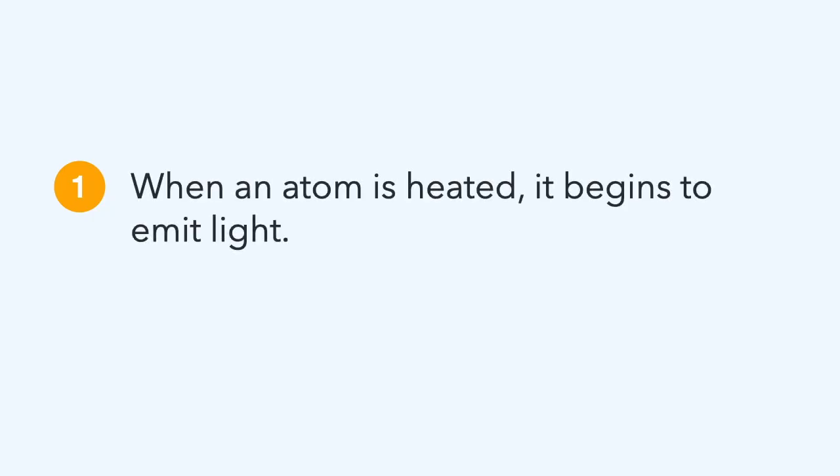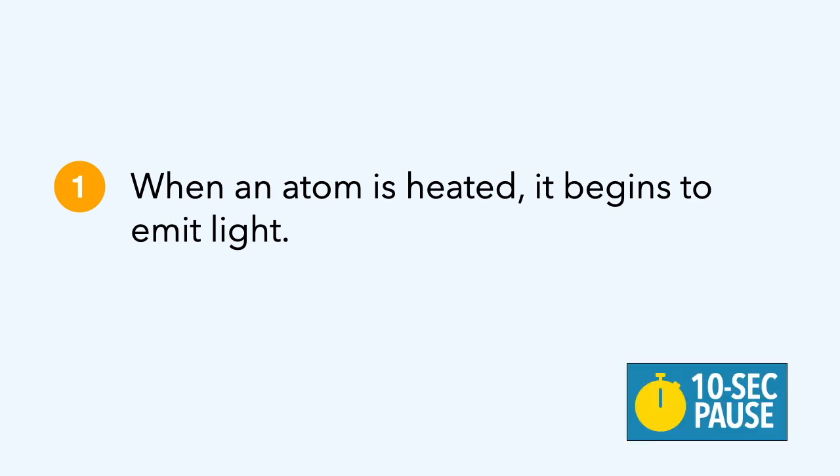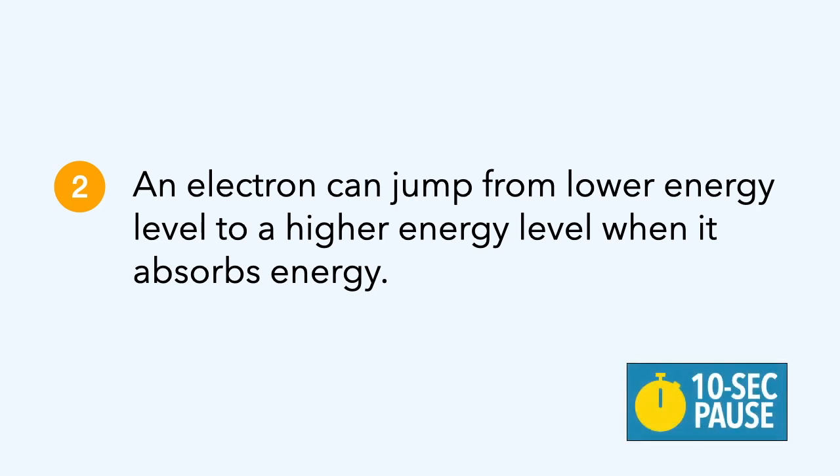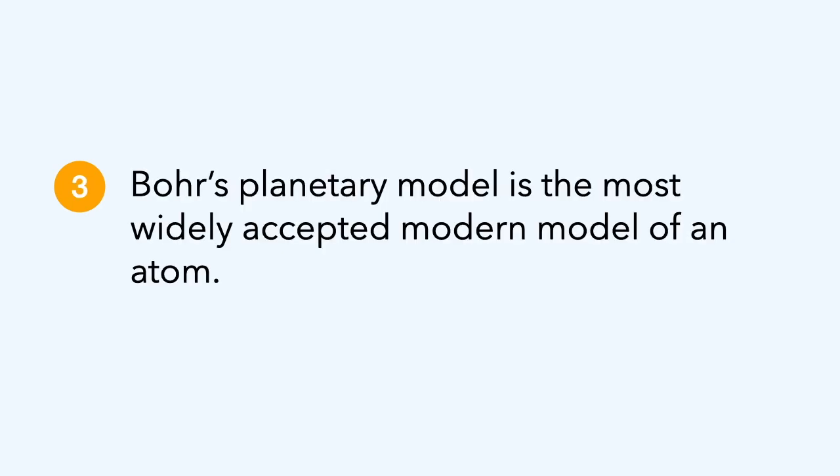Okay, start na tayo. When an atom is heated, it begins to emit light. Pause. An electron can jump from lower energy level to a higher energy level when it absorbs energy. Pause. Bohr's planetary model is the most widely accepted modern model of the atom.